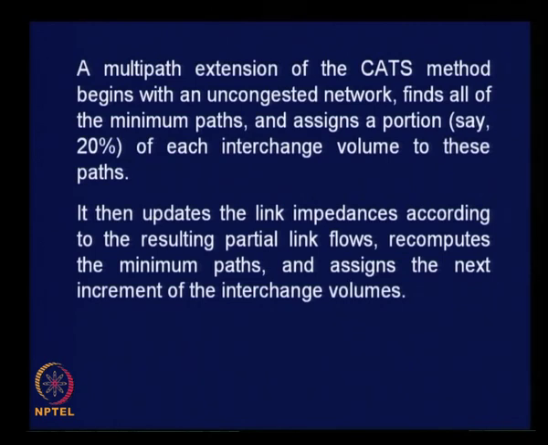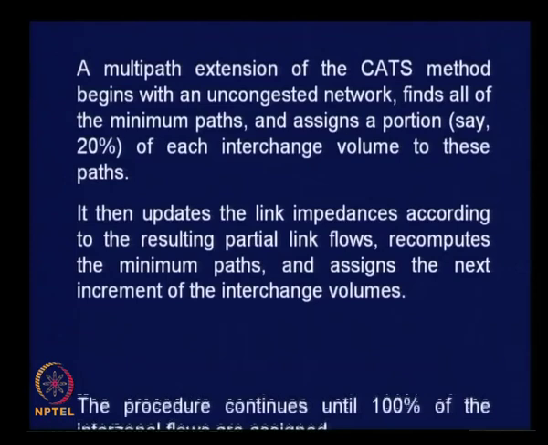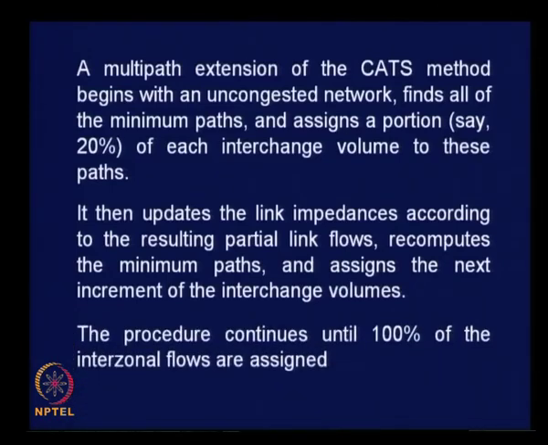It then updates the link impedances according to the resulting partial link flows, because we assign only some percentage, recomputes the minimum paths and assigns the next increment of the interchange volumes after recomputing the minimum paths. The procedure continues until 100% of the interzonal flows are assigned. Clear?